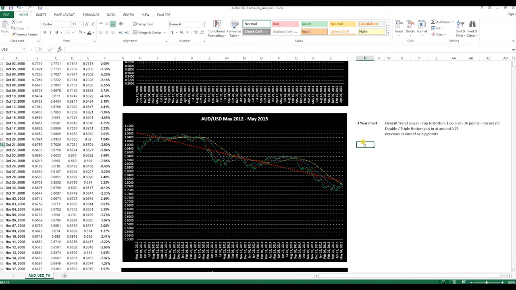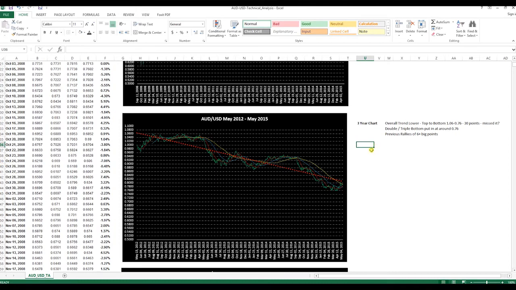Now, we have to look at the top to bottom statistics as well, to get an idea of what we're playing with here in terms of percentage moves. Because the Aussie dollar US dollar exchange rate is around 1-for-1 in the history of this exchange rate, using points is a decent guide to percentages.